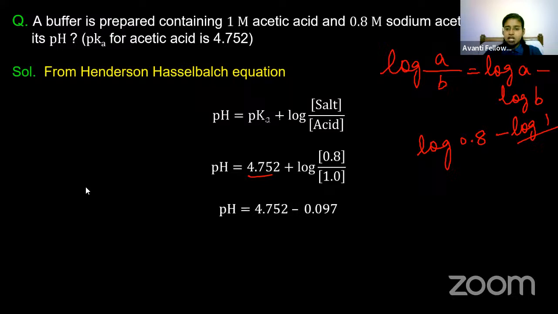So just take the value of log 0.8 alone, which is 0.097, and subtract it from the pKa value, and you will get the answer as 4.655 as the pH value. Clear? Able to understand?